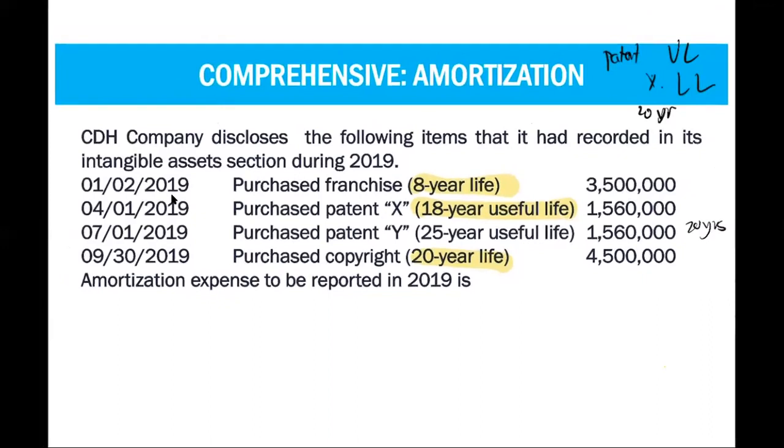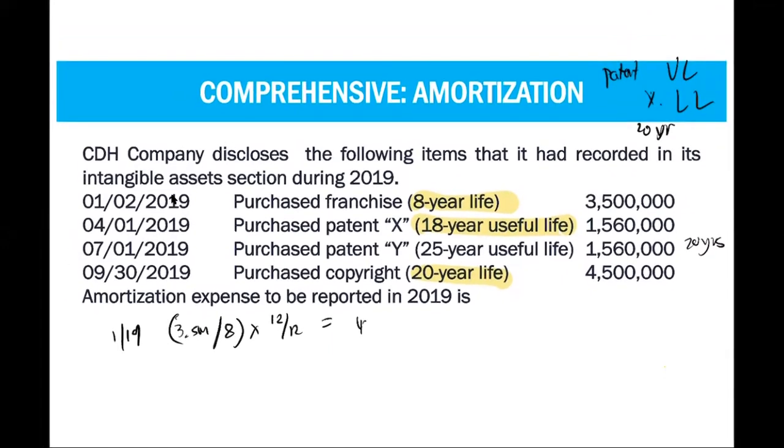Okay. So on January 1, 2019, we have 3.5 million divided by 8 years. We multiply it by the period, so 1 year, 12 over 12. So how much is for your franchise with 8-year life? 3.5 million divided by 8, we have 437,500.